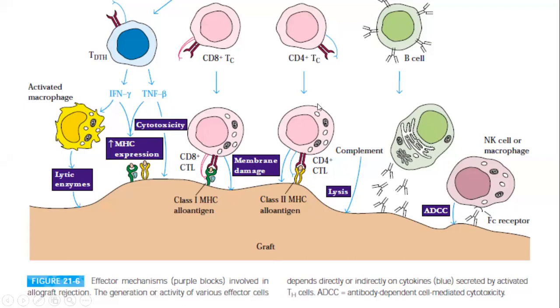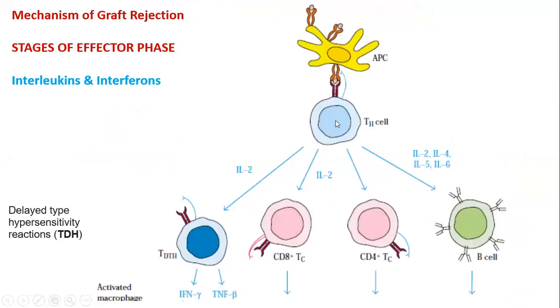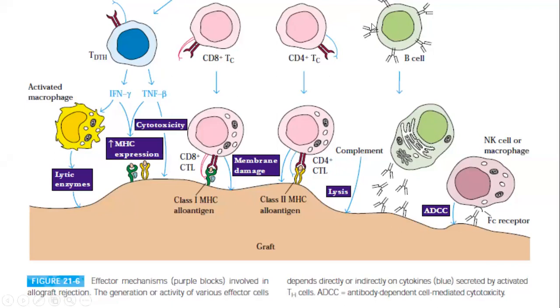Then if you distinguish further, there are B cells also. We already know that a T cell communicates with a B cell, the humoral and cell-mediated crosstalk. The B cell can induce two kinds of responses. One may be classical antigen-antibody recognition, which can induce the complement pathway and lyse the graft. Or alternately, it goes through a pathway called antibody dependent cell mediated toxicity.